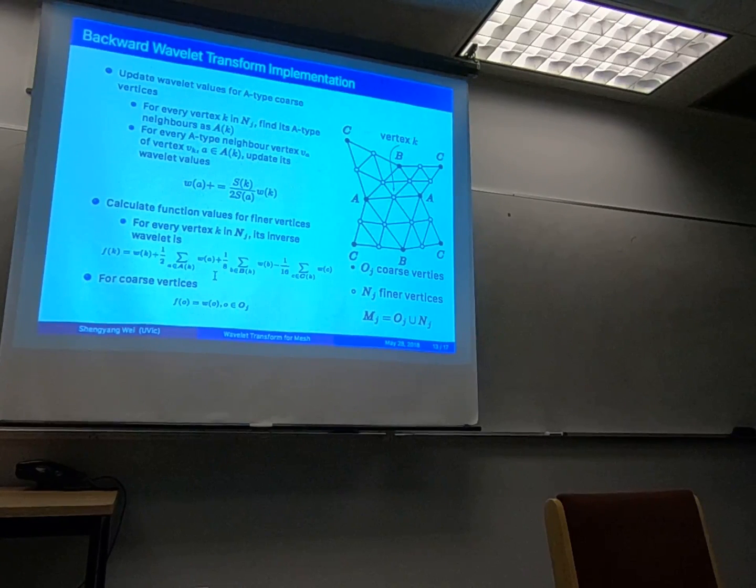Next is to calculate the inverse Wavelet transform value by this equation, similar to the forward Wavelet transform, but the sign is changed. The last step is the same: just assign the updated Wavelet value as the inverse Wavelet transform value for the coarse vertices. That's the implementation of the lifted Wavelet transform.